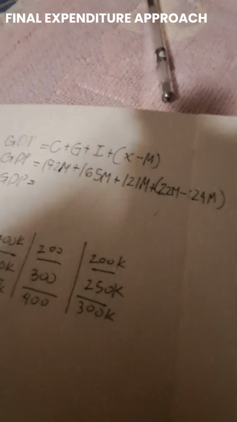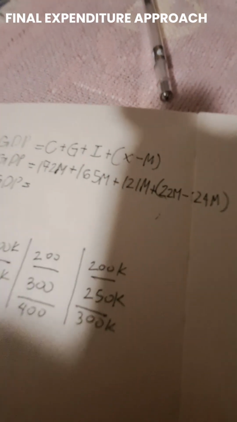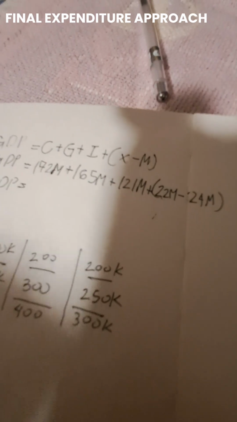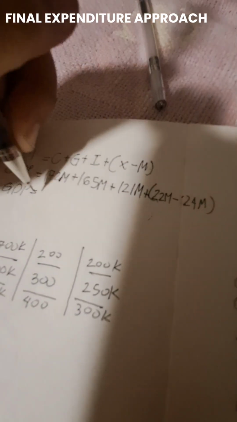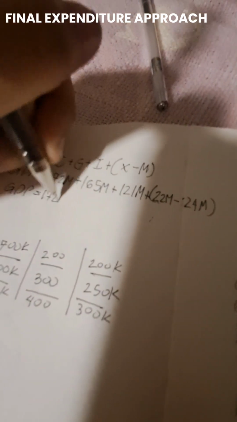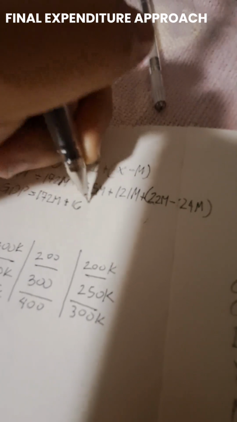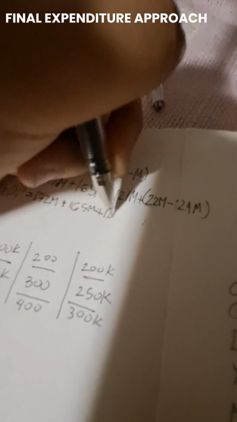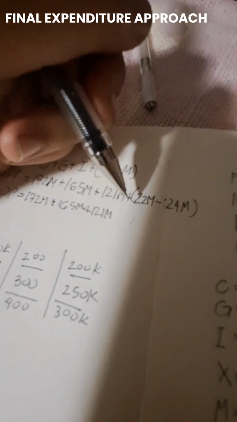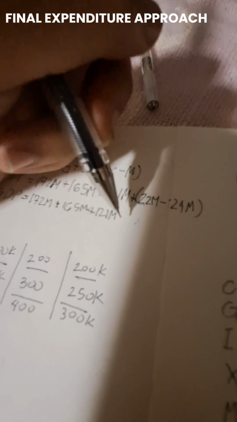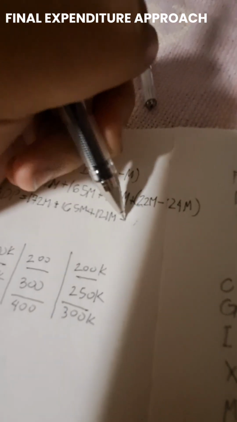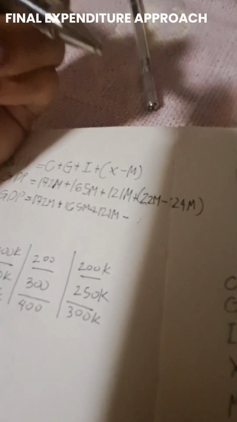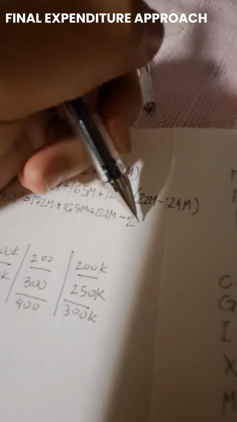So you have negative 2 million. Let's copy these ones: 165, 121 million. Now we change the sign from positive to negative, as our answer here is negative 2 million.